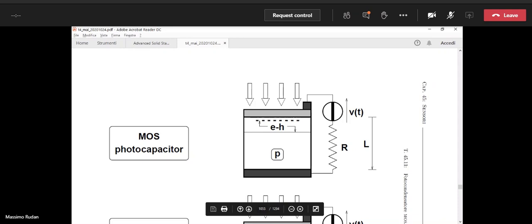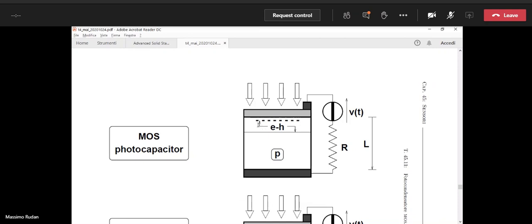One generation phenomenon is due to the thermal generation, and the other generation phenomenon is the optical generation. So we have two causes for generating the inversion layer. All these generation events correspond to the formation of an electron-hole pair.